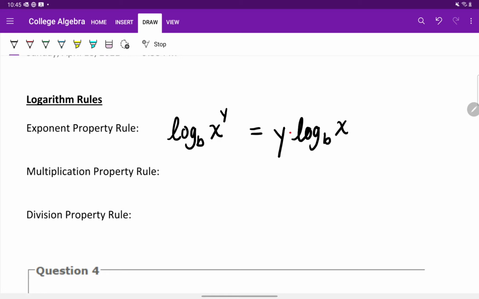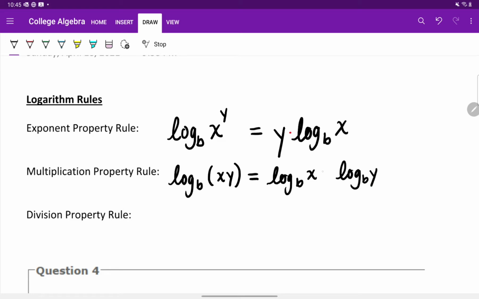All right, the next rule we need to learn is the multiplication property of logarithms, and that looks like this. If you have a log of 2 things being multiplied together, say x times y, you are allowed to split this up into 2 separate logarithms, log base b of x and log base b of y.